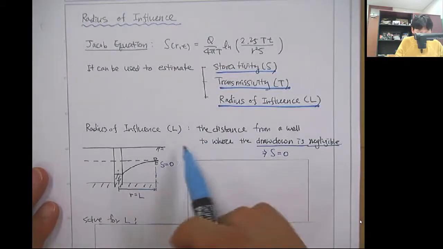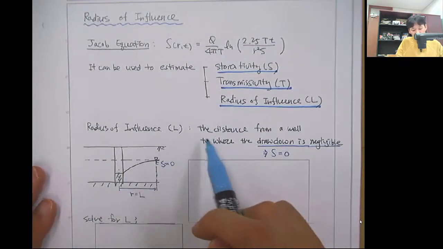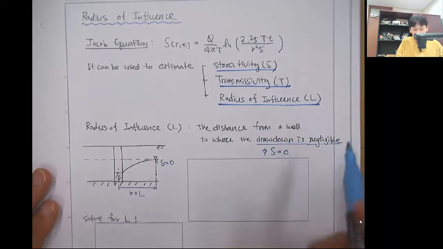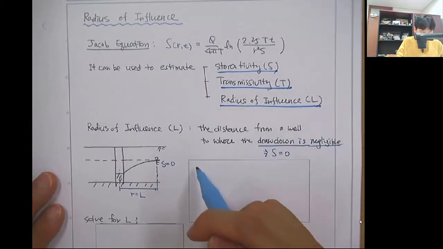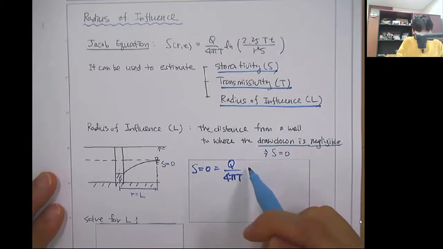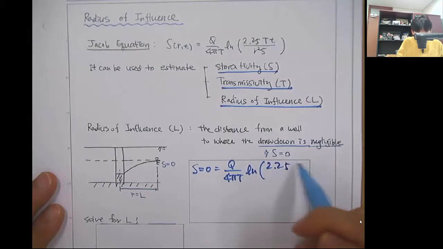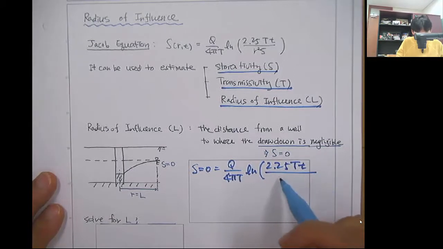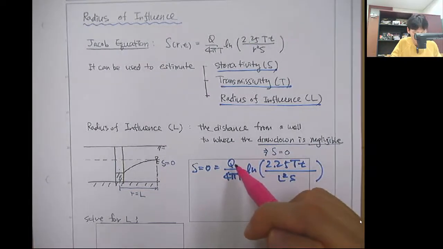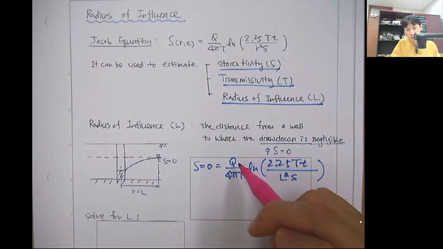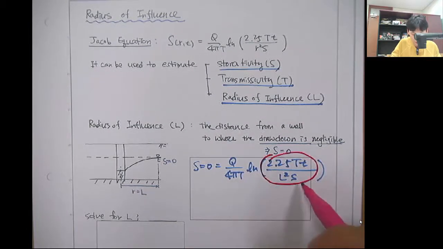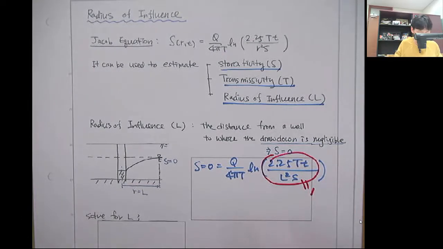So this radius of influence is defined as the distance from the well to where the drawdown is negligible. Basically, the s should be 0. So s is 0, where s equals Q over 4 pi T times ln of 2.25 T t over L squared S. And because Q has some value, it's not 0, and T also is not 0, so this log term should be identical to 1.